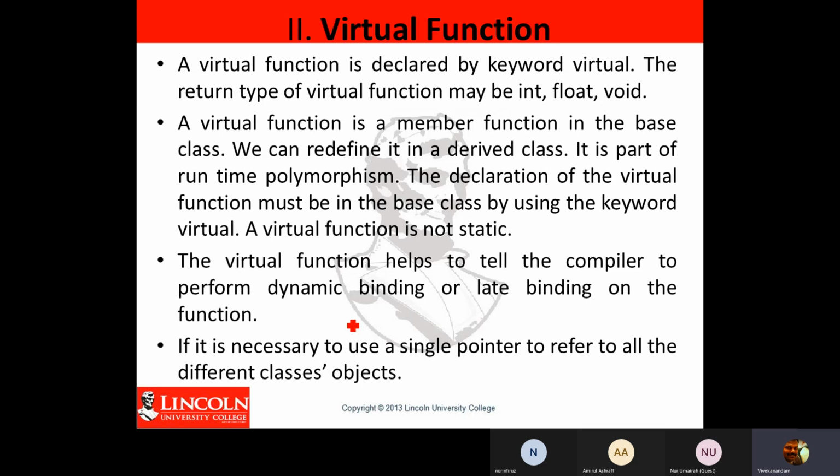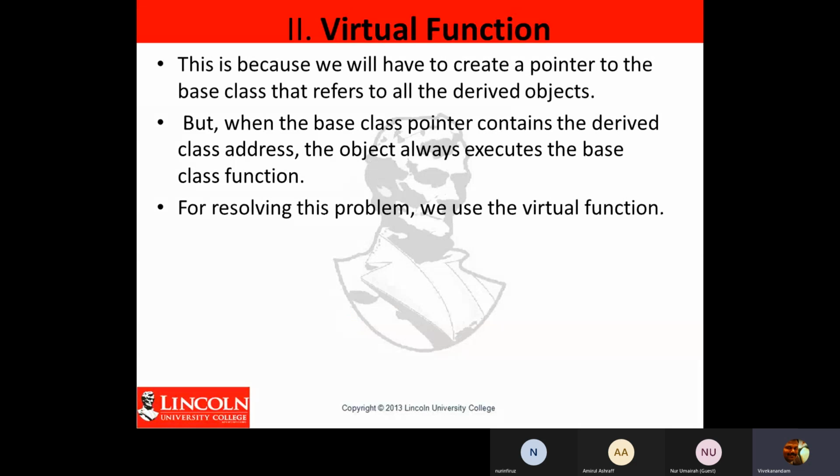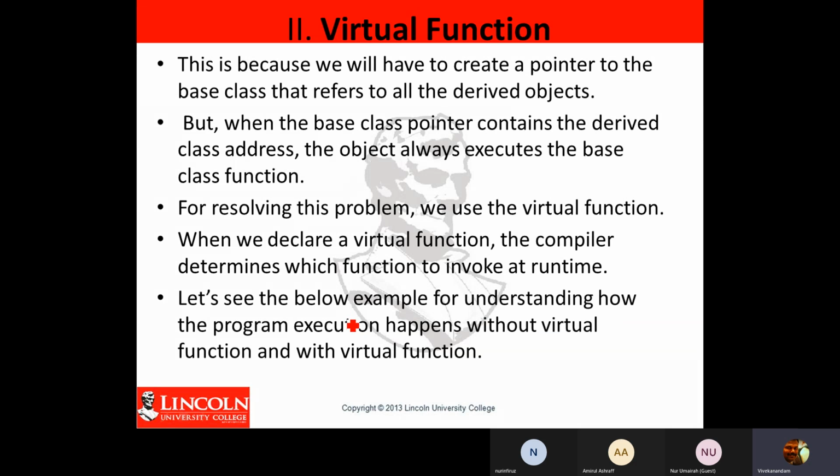If it is necessary to use a single pointer to refer to all the different class objects, we create a pointer to the base class that refers to all the derived objects.